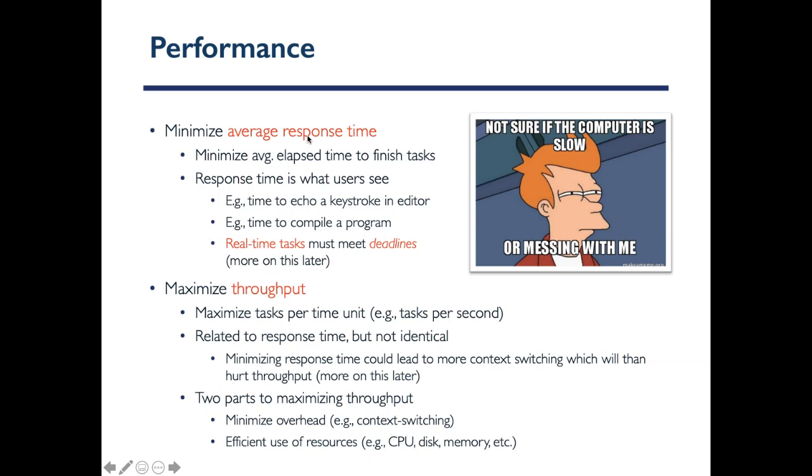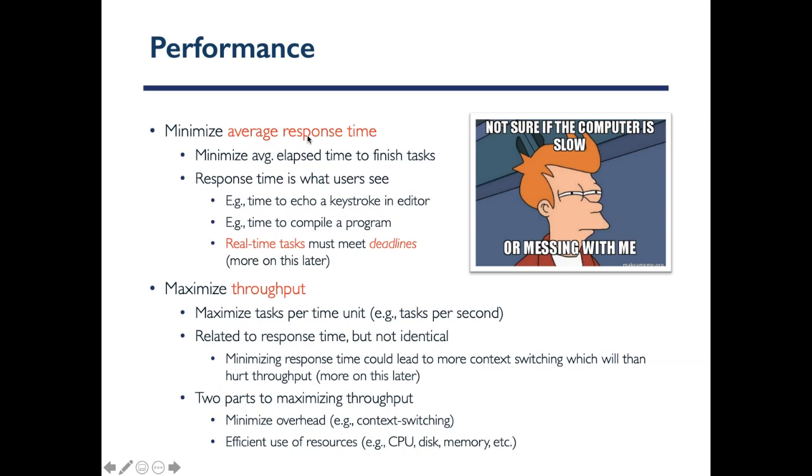If you constantly context switch between your threads, you incur a high cost for context switching. This could hurt performance in terms of throughput, but it might give those threads that you're context switching between a very good response time. So you're helping response time, but you're hurting throughput.